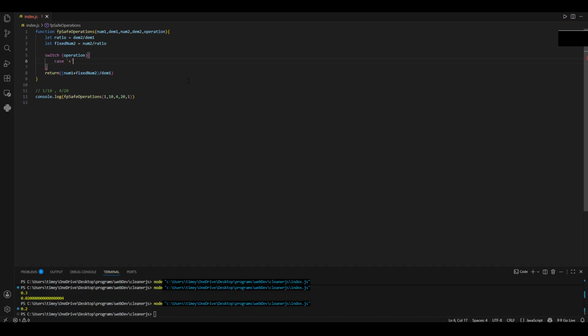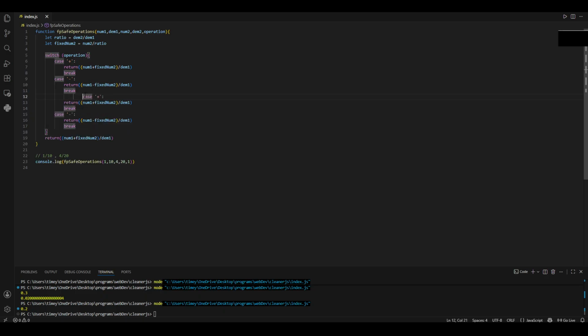Case plus, break, then case minus, return, and then let's have a default.